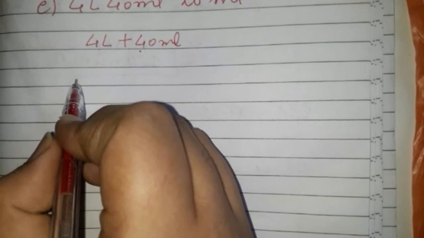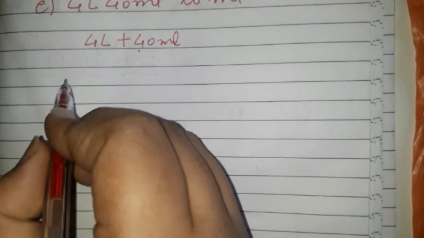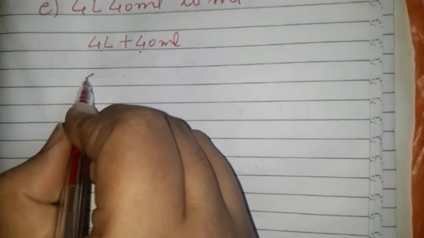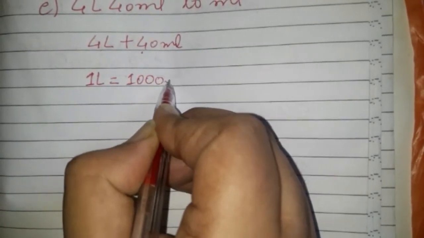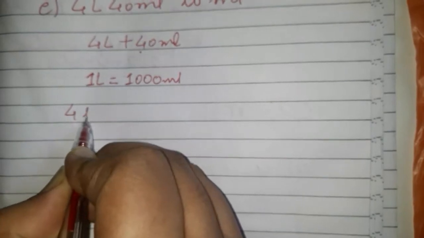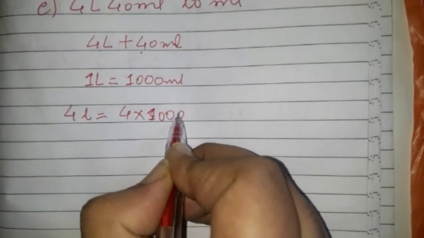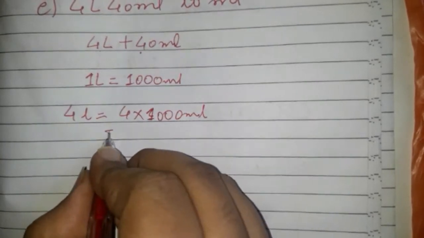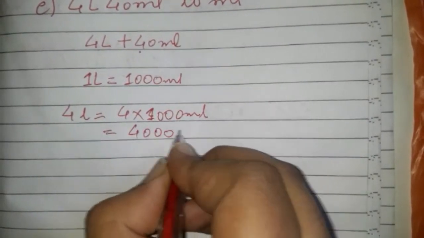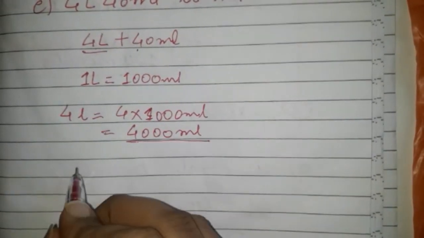We'll convert 4 liter into milliliters by multiplying by 1000. 1 liter equals to 1000 milliliters, so 4 liters will be 4 into 1000, which is 4000 milliliters.